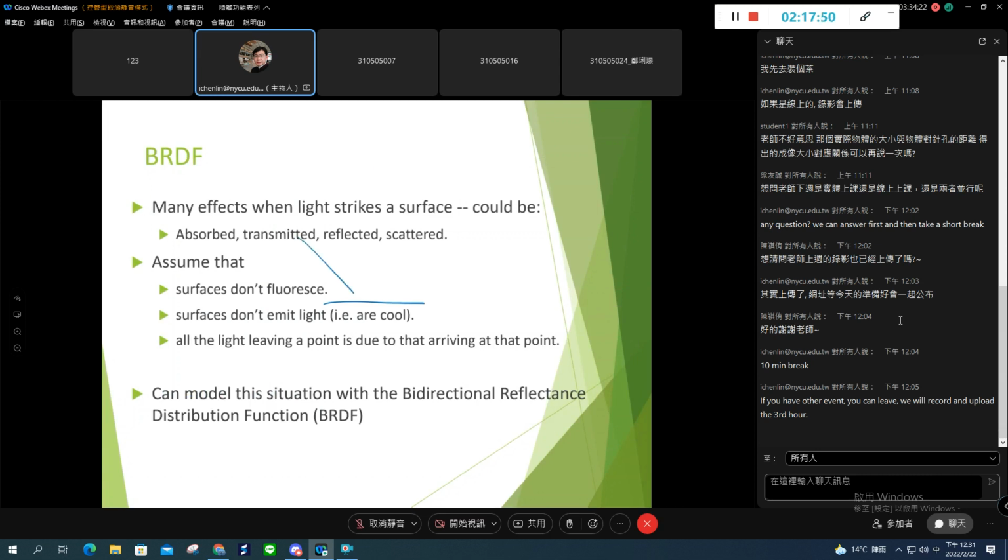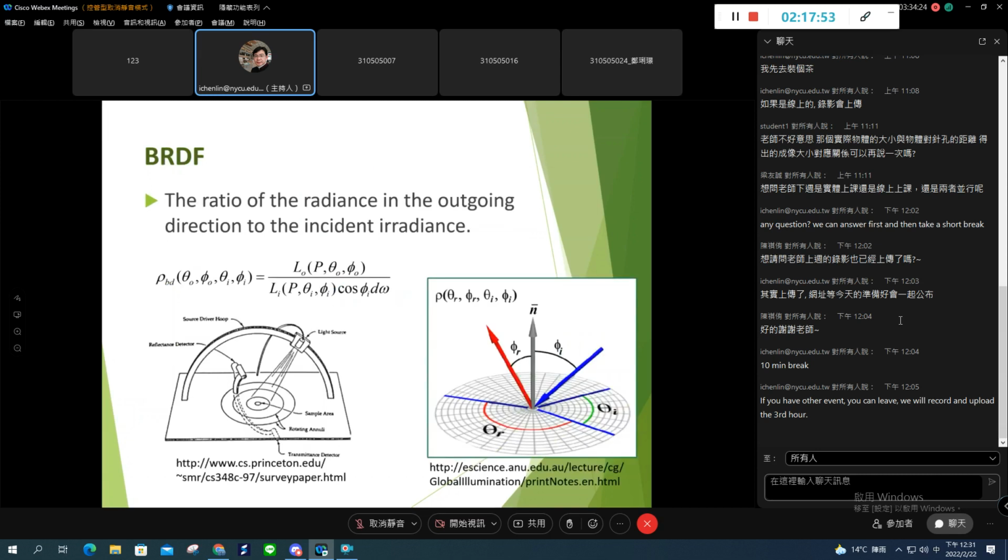Let me show you a figure here. This is just an appendix, you don't really have to learn the details. Light goes to a surface point, for instance a wood or a certain metal. When light goes here, the reflected light has a different orientation. For instance, if we have a wood here, we can put it on this rotated plate, and when we emit light, we capture how it is reflected.